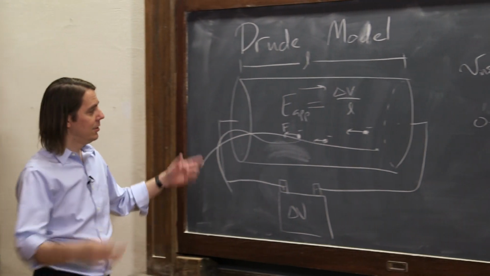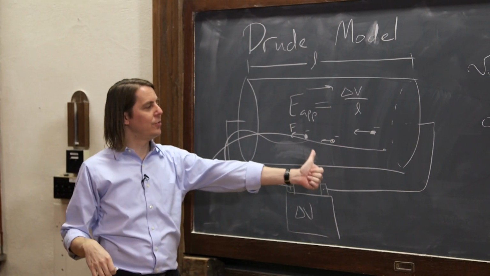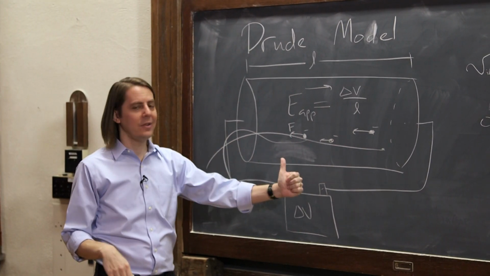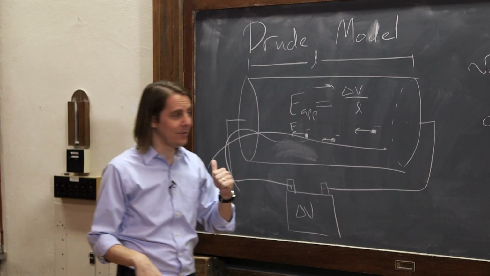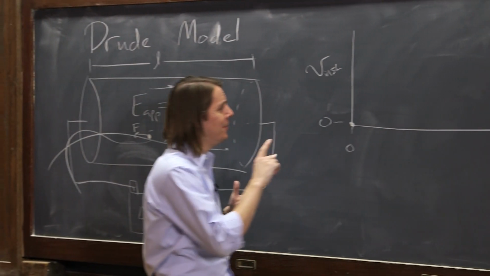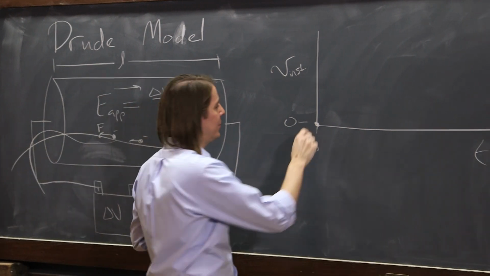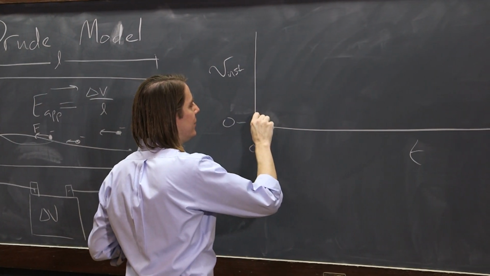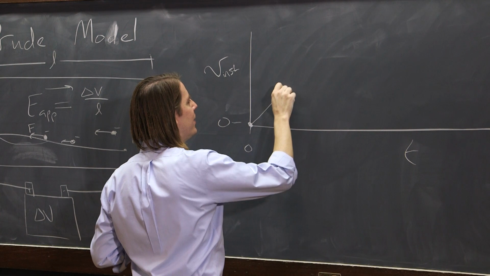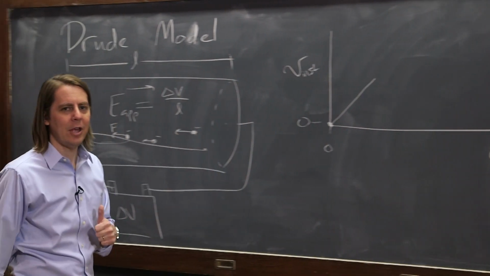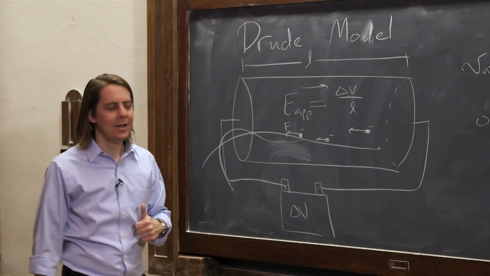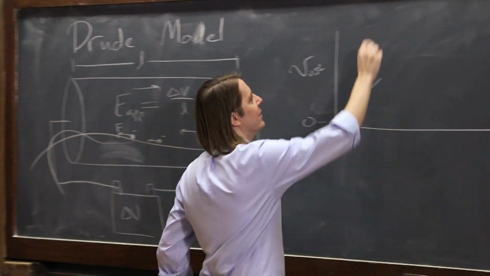You apply a voltage. You apply an electric field. It feels a force this way, and it does indeed accelerate. And if it accelerates, that means its velocity increases in time. So it doesn't move at V drift. Its velocity just speeds up, and it goes faster and faster and faster. That's what really happens until it collides with the lattice.